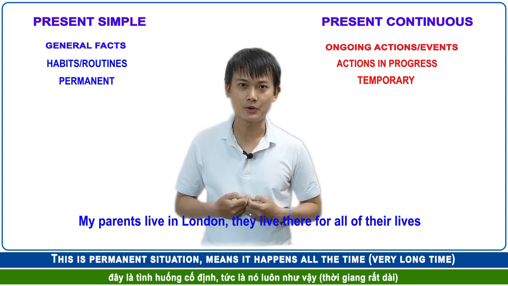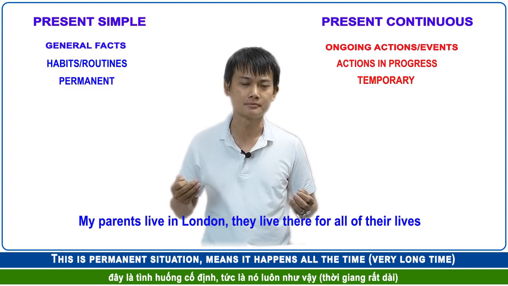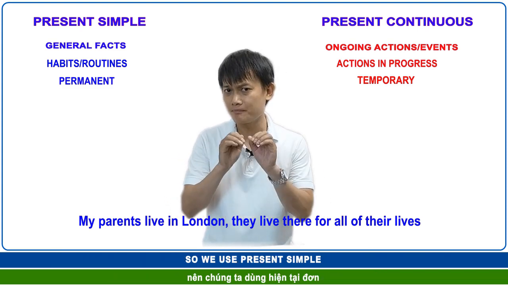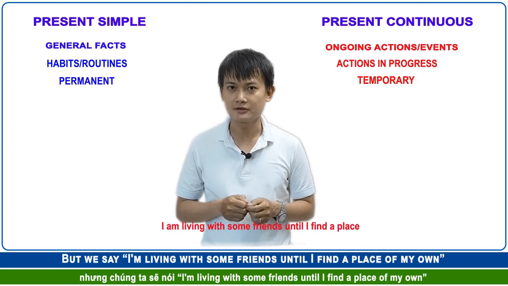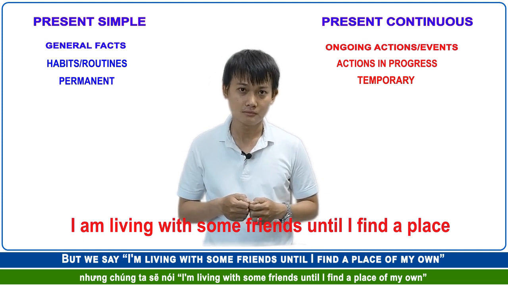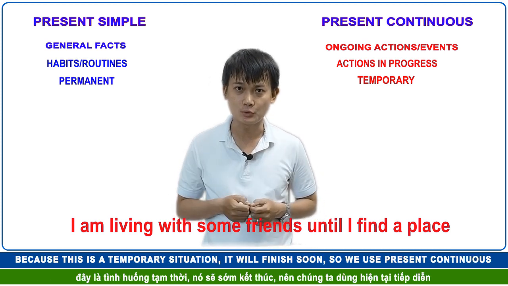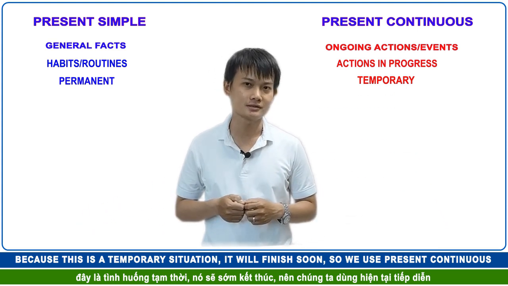This is a permanent situation, which means it happens all the time, for a very long time. So we use present simple. But we say, I am living with some friends until I find a place of my own. Because this is a temporary situation, it will finish soon, so we use present continuous.